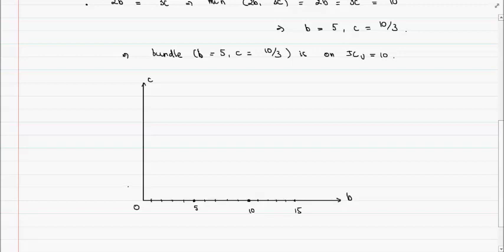On the vertical I have 5/3, 10/3, 15/3, 20/3, 25/3, and 30/3, which is 10. This is just 5.